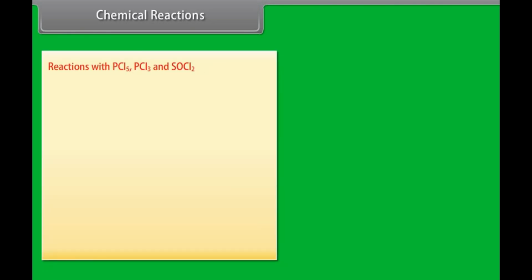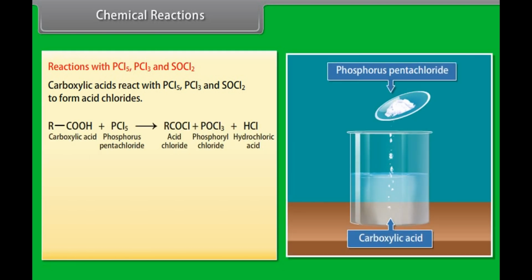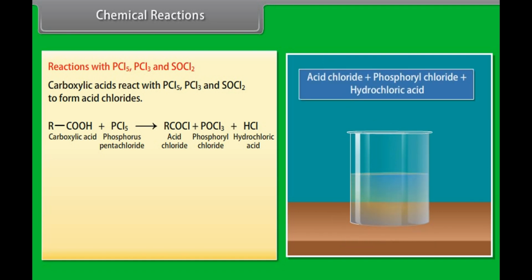Chemical reactions. Reactions with phosphorus pentachloride, phosphorus trichloride, and thionyl chloride. Carboxylic acids react with phosphorus pentachloride, phosphorus trichloride and thionyl chloride to form acid chlorides. Carboxylic acid reacts with phosphorus pentachloride to form acid chlorides, phosphoryl chloride and hydrochloric acid.